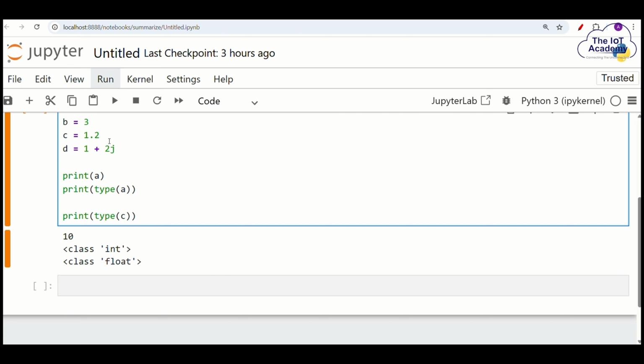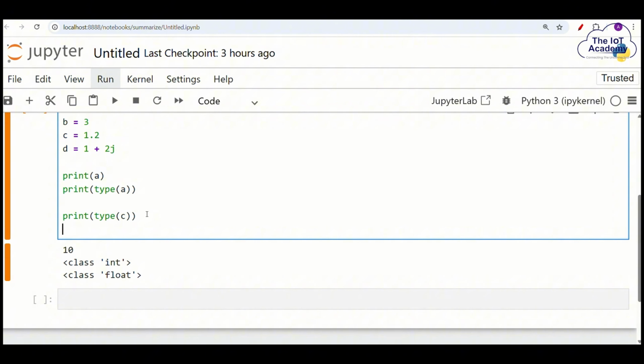This is the notation used in mathematics. Some books use i over here, but in Python they use j. One property of j is that j squared is equal to -1; it's basically the square root of -1.